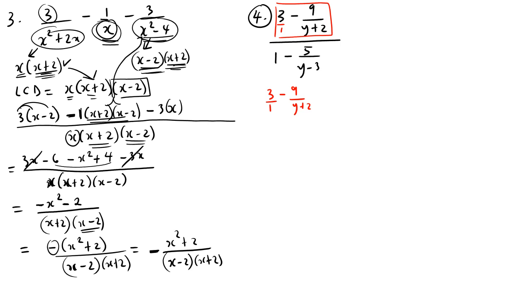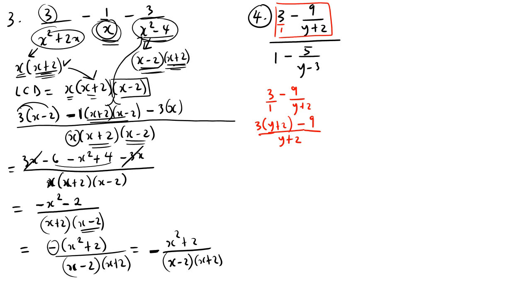Here, I know that the common denominator will be y plus 2, just like we've said. If it's y plus 2 and we have 1 for the denominator for 3, that means we just do 3 times y plus 2. Then we go to the next fraction, minus 9 over y plus 2, and the y plus 2 cancels out, so I'll just leave it like that.